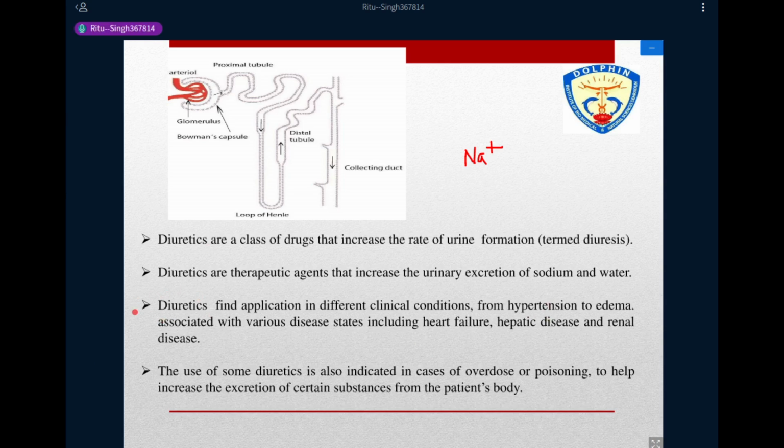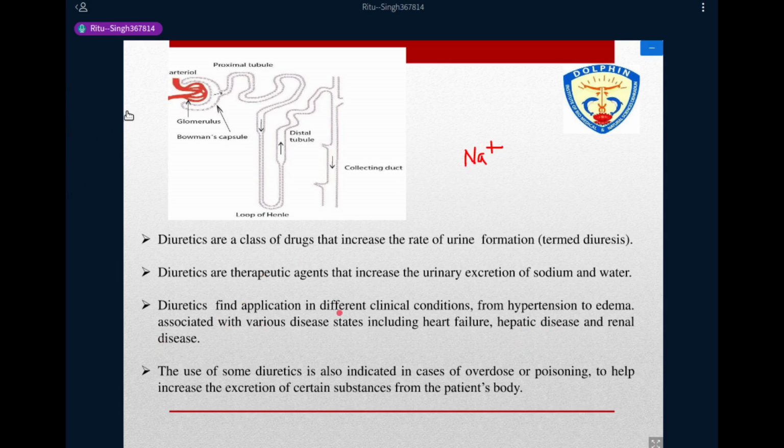So some therapeutic uses of diuretics: diuretics find application in different clinical conditions, from hypertension to edema. Edema is a condition in which fluid is accumulated in the body. This edema is also related with various diseases, including heart failure, hepatic disease that is related to the liver, and renal disease that is related to the kidney.